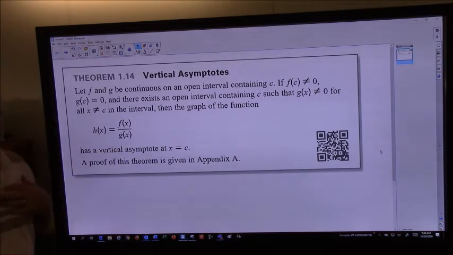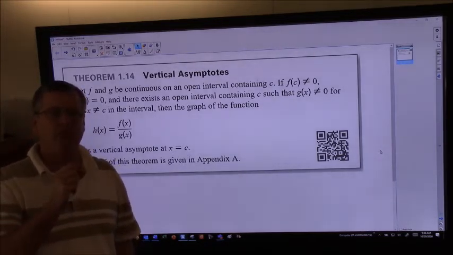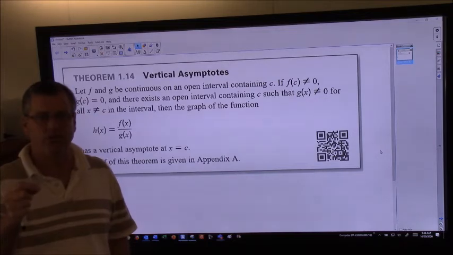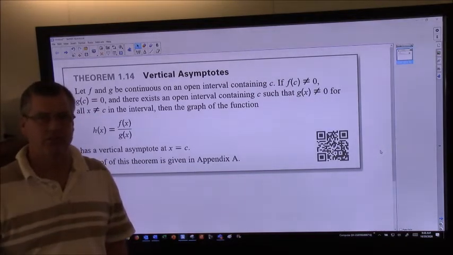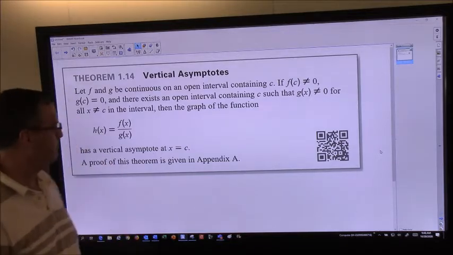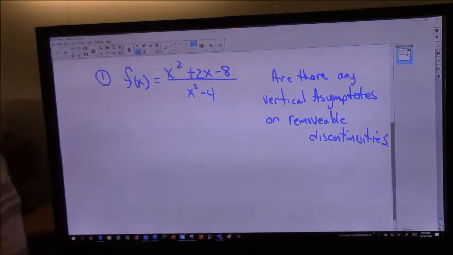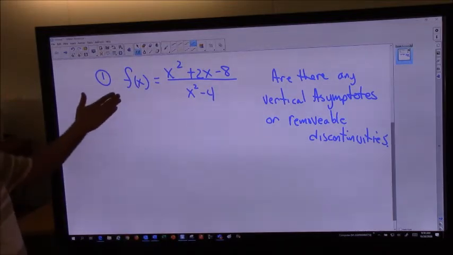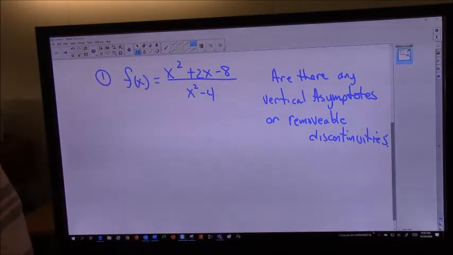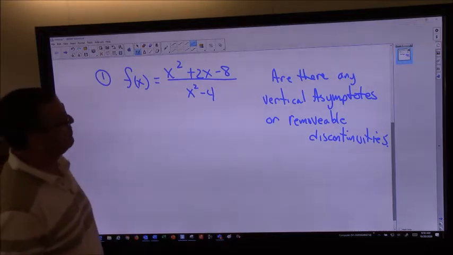And what we learned last year in pre-calculus is still the same thing. Asymptotes happen when your denominator equals 0, but the numerator doesn't. Okay, if they both equal 0, then there's a hole in the graph at that point. All right, so we're going to have some questions where they'll give us a function, f of x equals x squared plus 2x minus 8 over x squared minus 4.